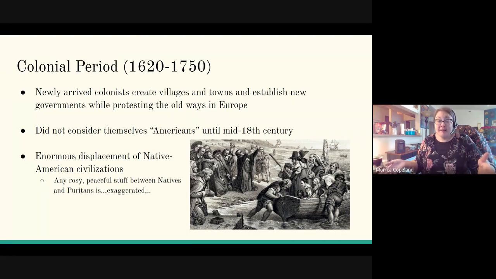Whereas, as you know, many of the Native Americans had the creation story of the world on the turtle's back, all about balancing good and bad in the world. So two very different mindsets, and that's part of the conflict that started our nation.